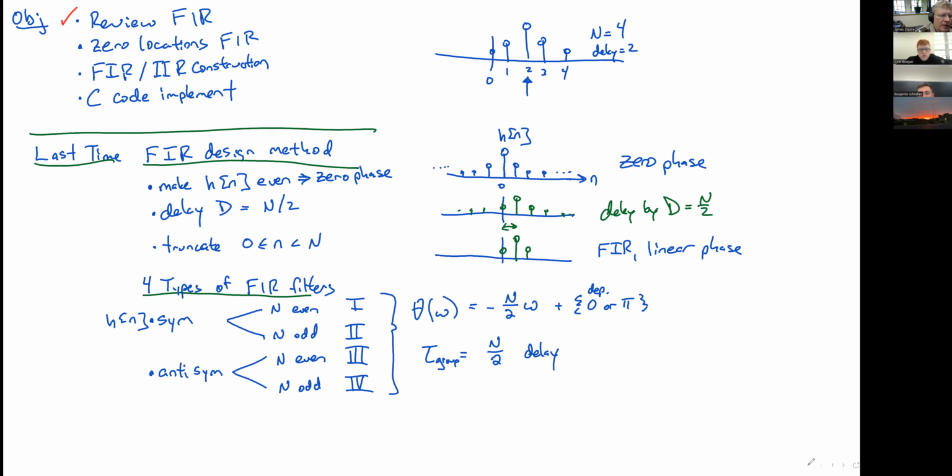We spent a lot of time reviewing stuff to make sure that we got this down. Now I'm going to give 2 just turnkey construction methods for FIR and IIR. And we actually talked about the C code implementation last class. Okay, if you'd like to go, you can go. And if you want to stay, you can stay.